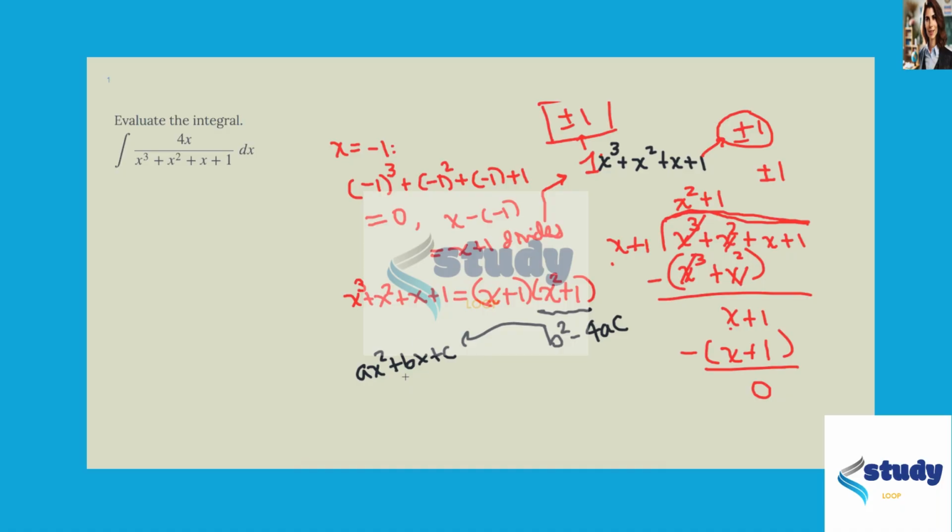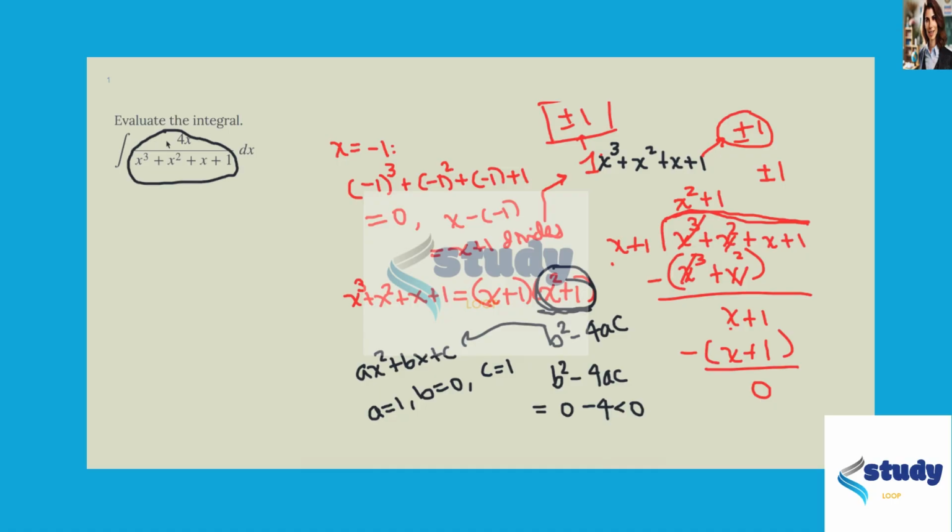In our problem, a is 1, b is 0 because there's no x term here, and c is 1. So b squared minus 4ac is just 0 minus 4, which is negative. That tells us that x squared plus 1 does not factor, so we must leave this in the denominator for the partial fraction.